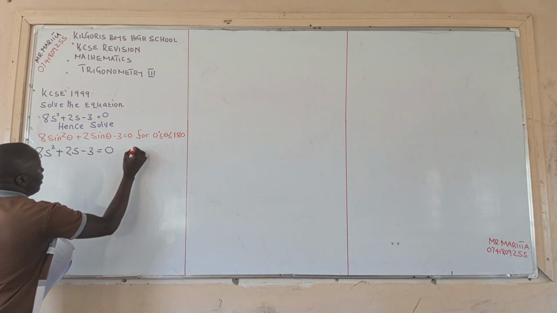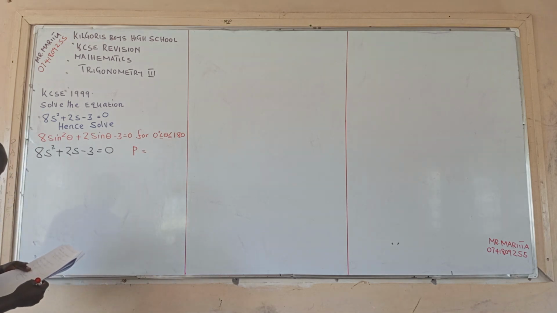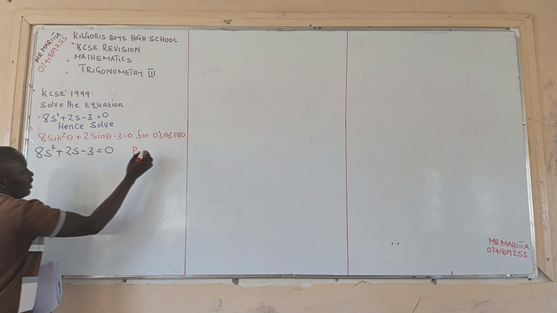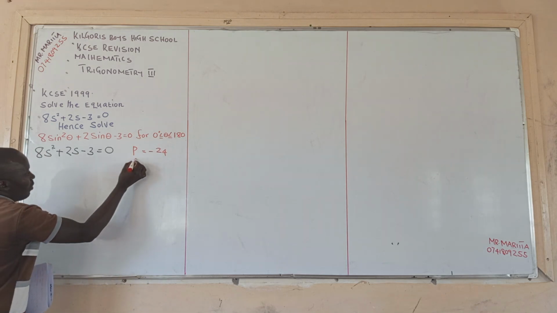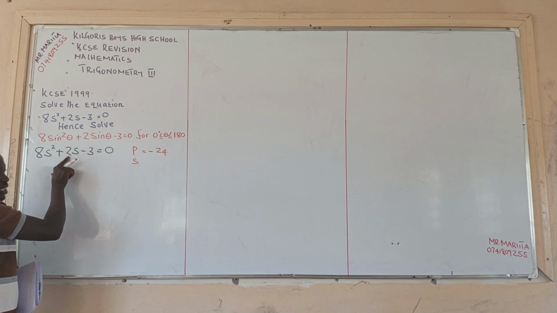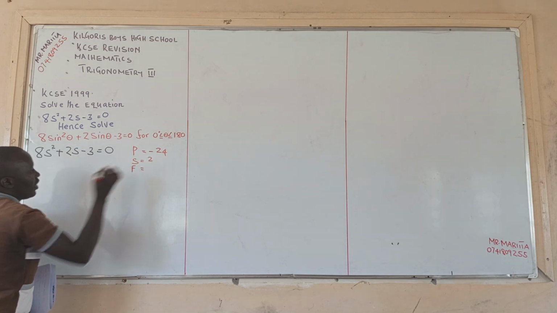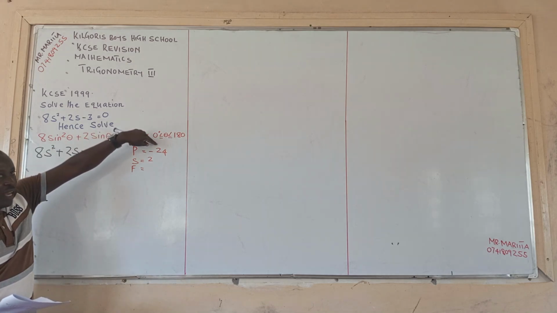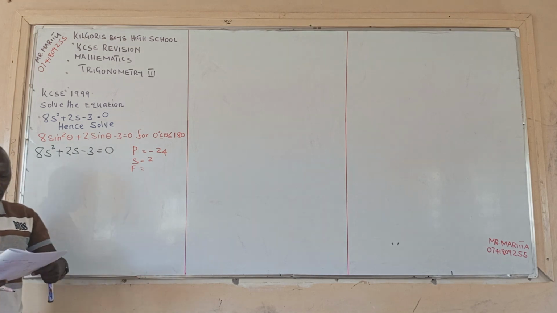product here will be equivalent to 8 times negative 3. We have this as negative 24, and then our sum is equal to 2s. In this case, our sum is equal to 2. Then what are the factors that will give us a product of negative 24, and those factors, when we find the sum, give us a sum of 2?